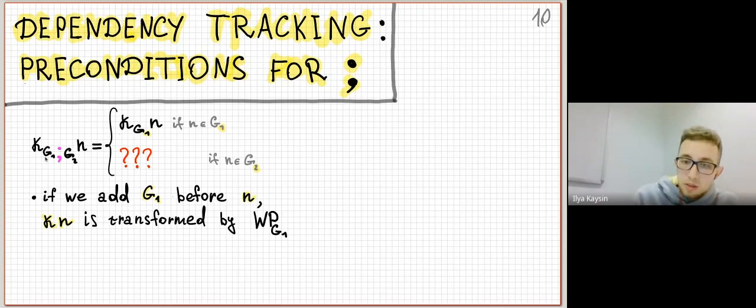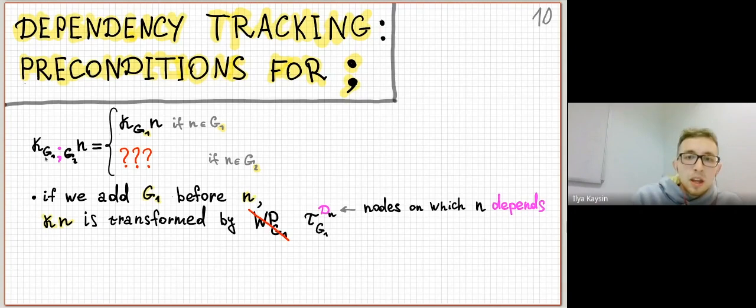However, there are some nuances. In fact, remember that not all the events of G1 are ordered before n. Only those events of G1 are ordered before n on which n depends.